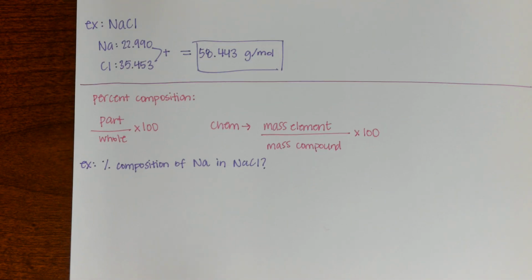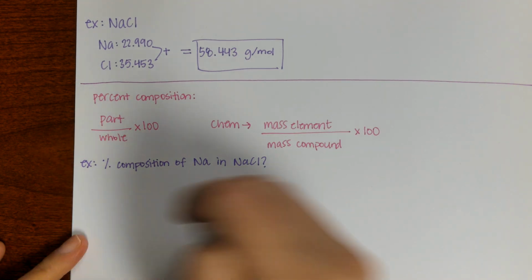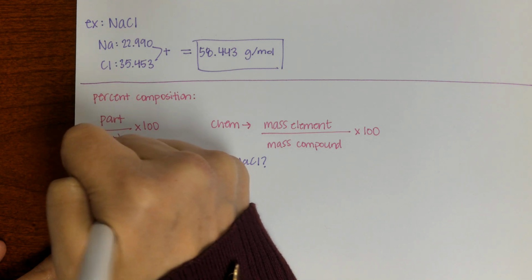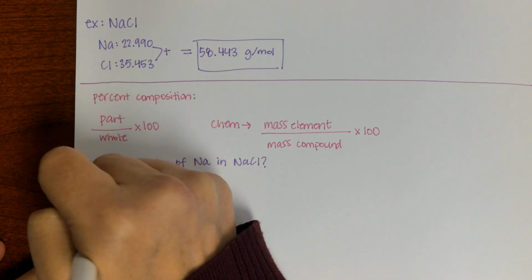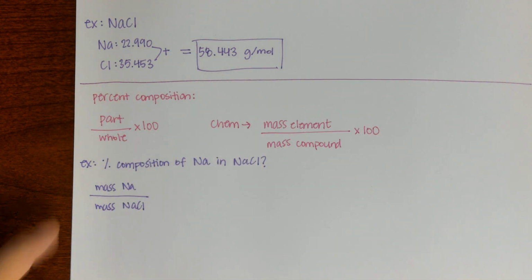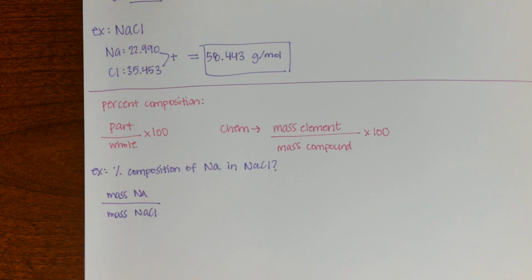All right, so I'm going to use this equation to figure that out. We have our mass of sodium over our mass of NaCl. Again, you don't have to write all of this out. This is just a first example to show the work step by step.